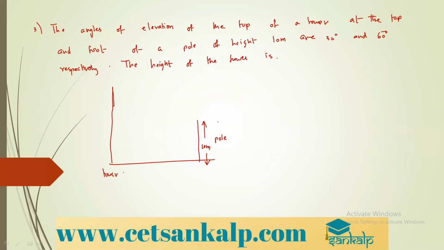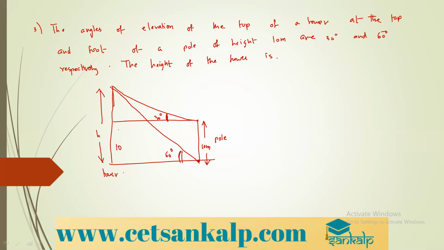Because we are observing from the top of the pole the top of the tower. From the foot of the pole also we are observing the top of the tower. See, the angle of elevation of the top of the tower at the top and foot of the pole of height 10 meters are 30 degrees and 60 degrees. We have to find the height of the tower.